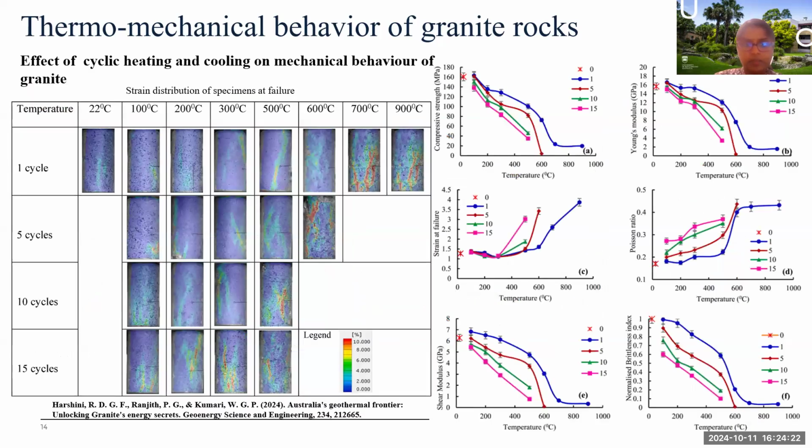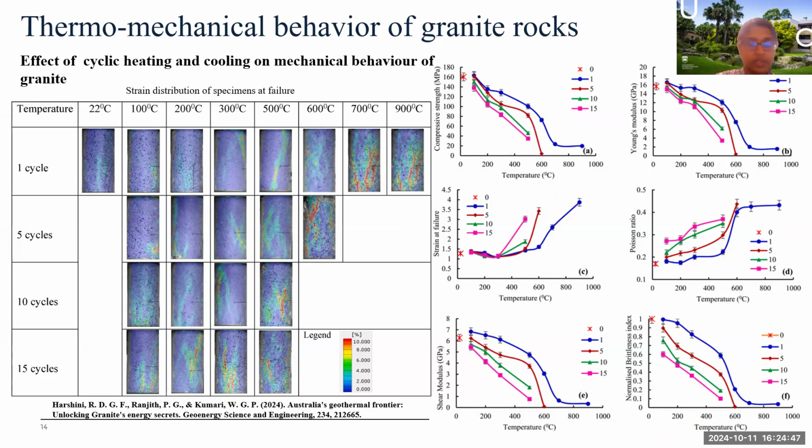This study shows the thermomechanical response of granite subjected to various thermal cyclic conditions, like continuous heating followed by quenching and applying that sort of thermal cycle multiple times, focusing on evolution of failure mechanism under these thermal loads.